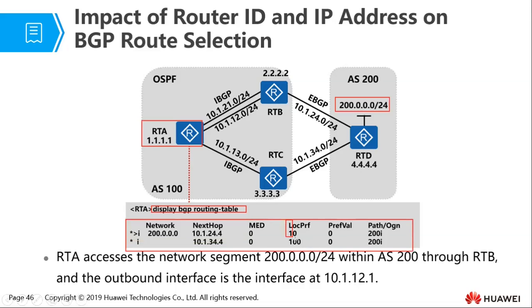So this one that has a lower preference value, local preference, is the best so far. So how can we select the optimal path to accessing this network from RTA?